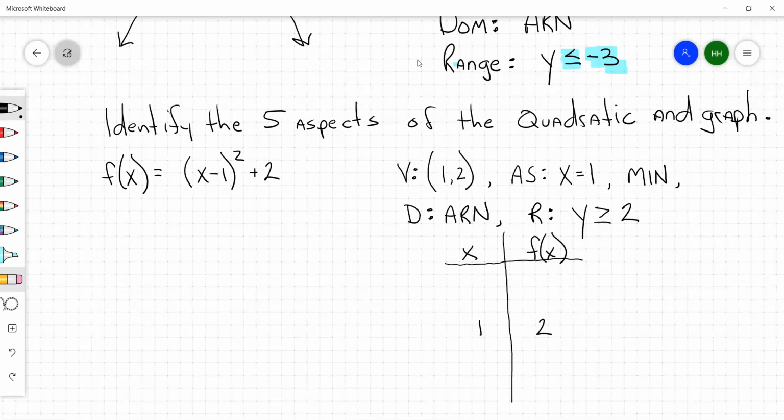And then we pick 2 points to the right of the x value at the vertex. So I'm going to pick a 2 and a 3. Then I need 2 points to the left of the x value of the vertex. So 0 and -1.